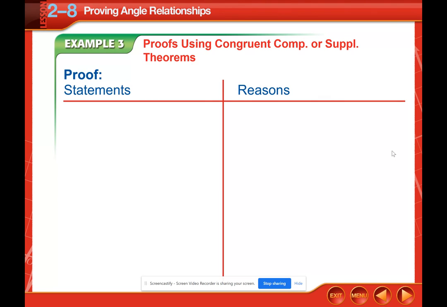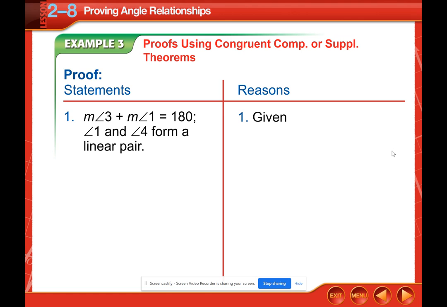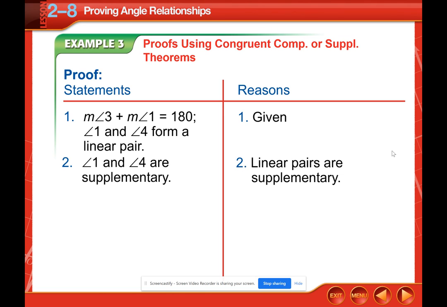So let's set up the statements and the reasons. Start off with your givens. We know that angle 1 and 4 are supplementary because that's the definition of a linear pair.